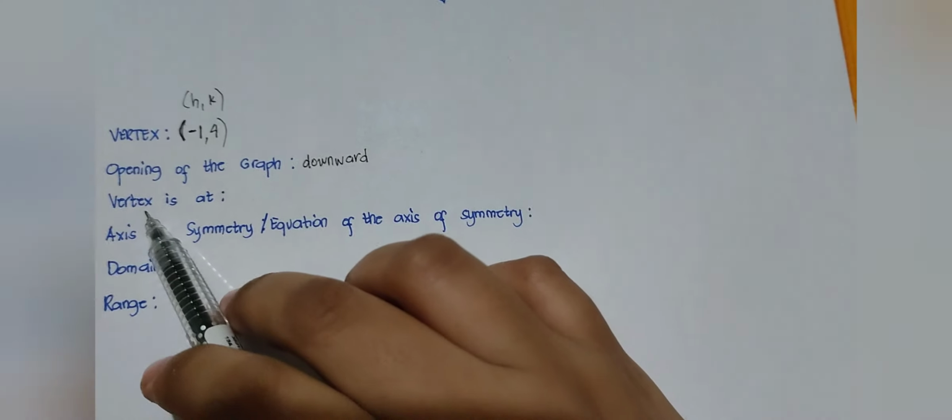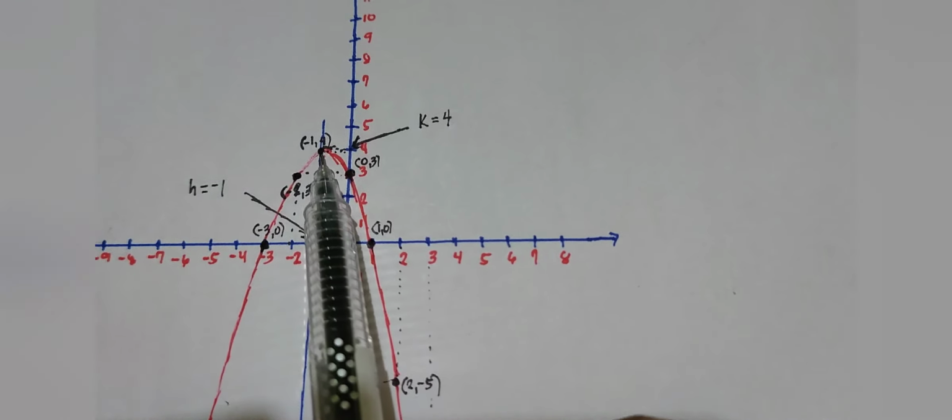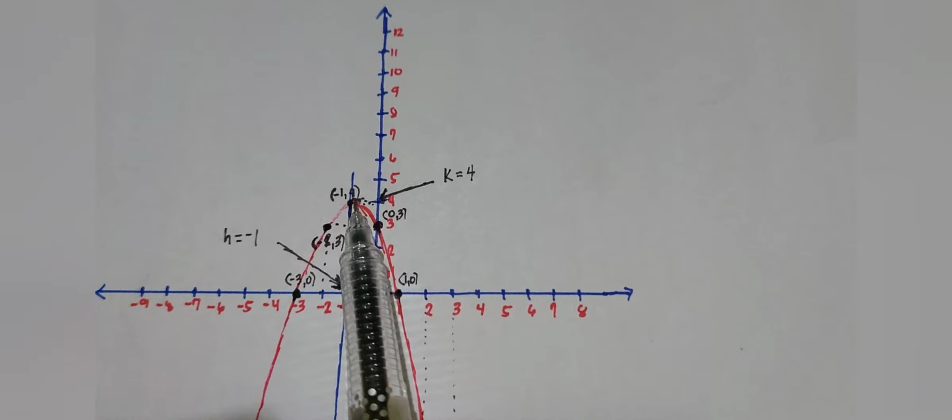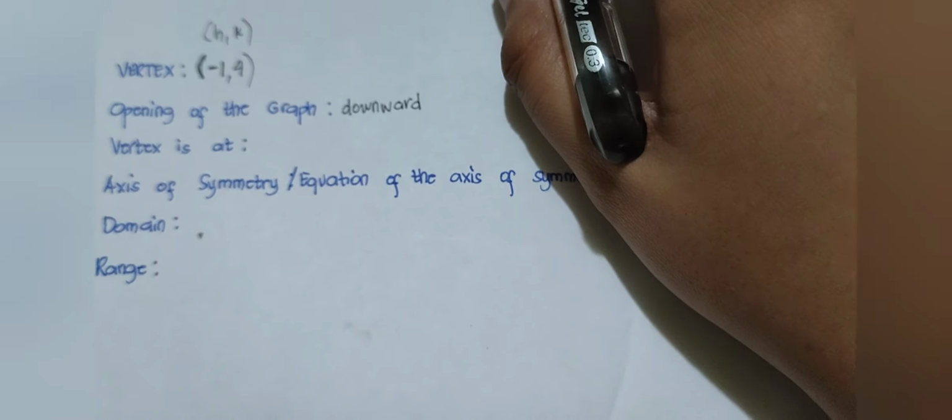The next vertex is at, so ano yung vertex? Itong nasa dulo. So, ano yung coordinates na nasa dulo? Negative 1 and 4, di ba? Negative 1 and 4. So, ang ating vertex is at, okay, di ba yung vertex is negative 1 and 4?